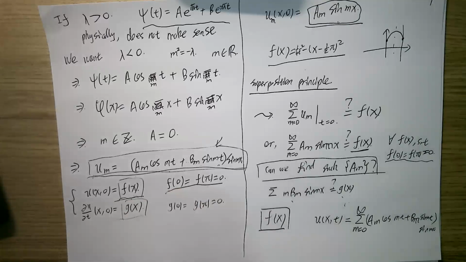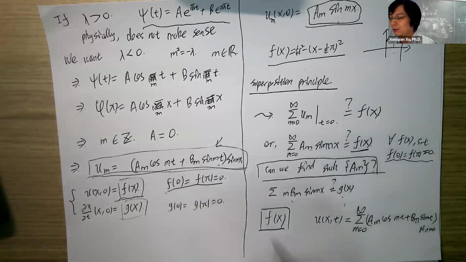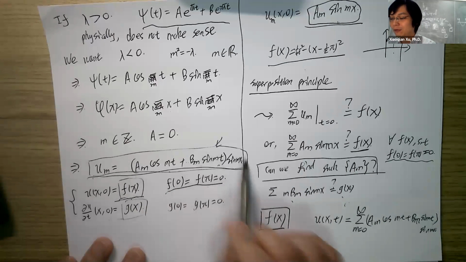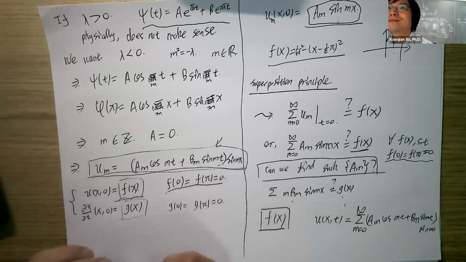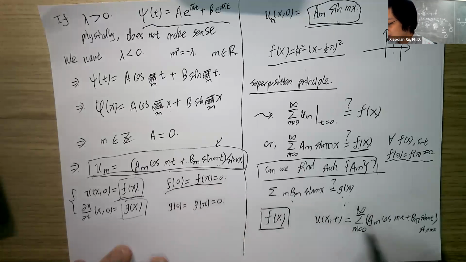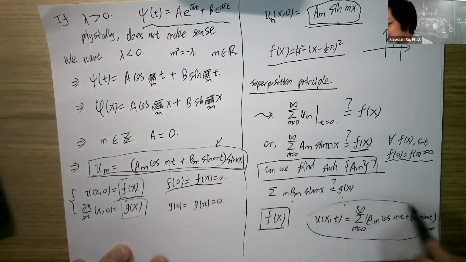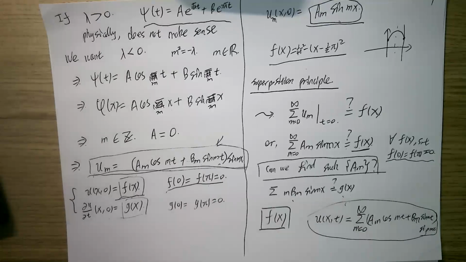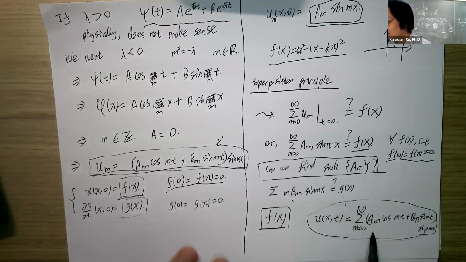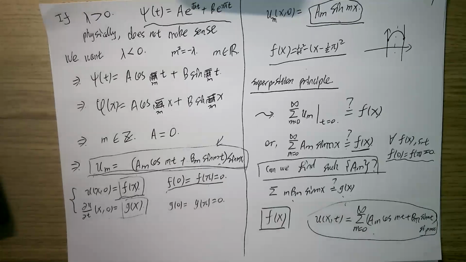And how can we do that? Well, the only thing we can do is use the superposition principle and do a linear combination of the solutions we find, and hope that this can approximate any solution.